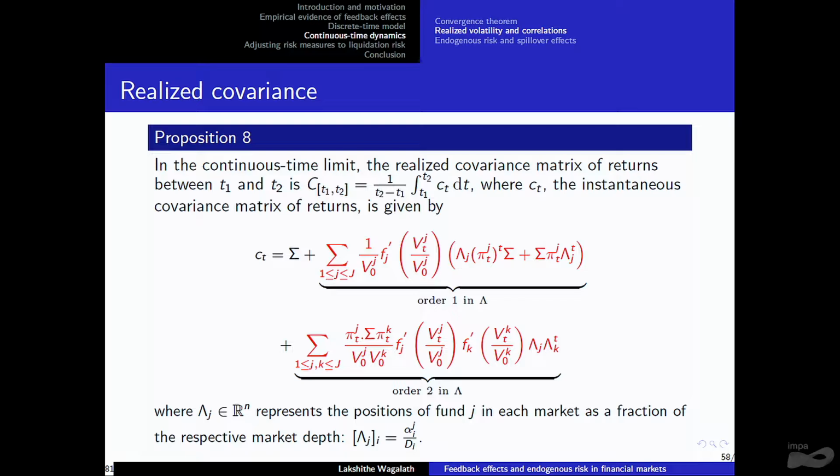And we've done some calibration of those parameters in empirical studies in the past. We see that in large fire sales episodes, this vector lambda is not negligible at all, because funds liquidate something which is 20, 30% of the whole market depth. It's not negligible anymore.